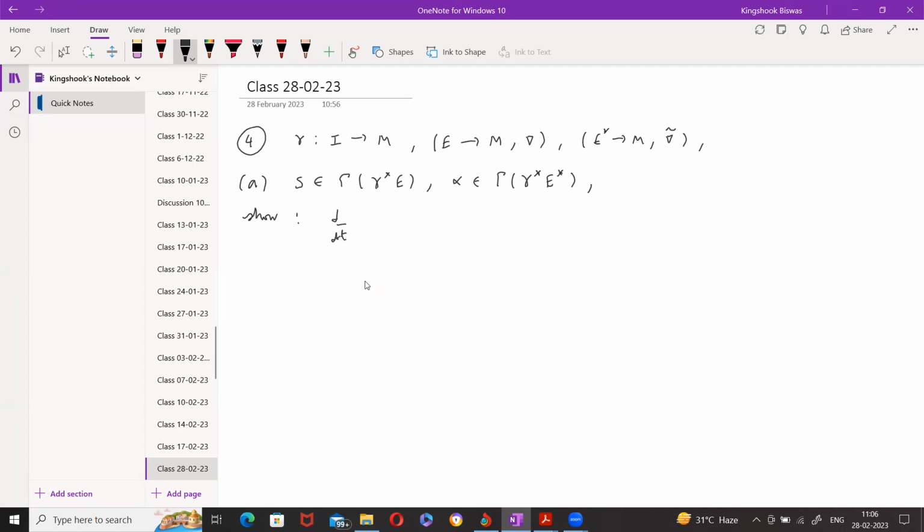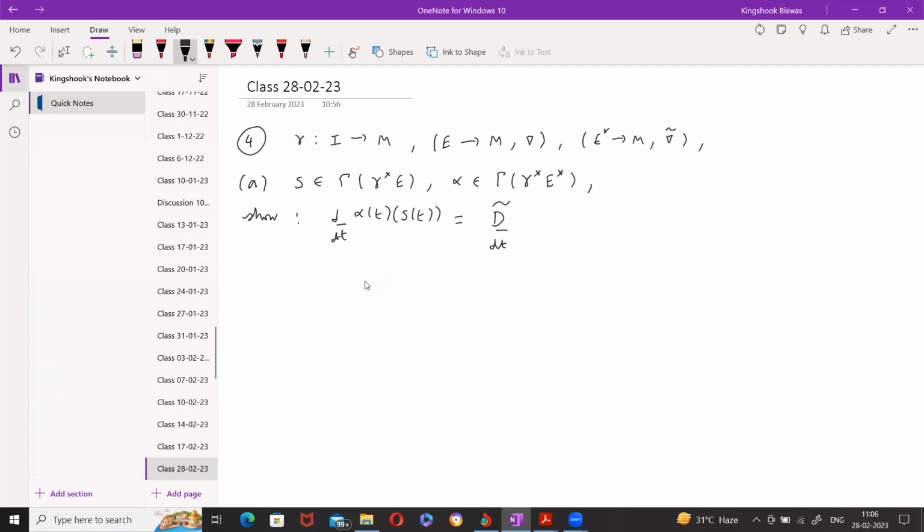If I look at any time t, alpha of t is a linear functional on the fiber at gamma t of E. So that can act on S of t, which is an element of the fiber E at gamma t. So this gives you a function of t. The derivative of this function you're supposed to show is given by the covariant derivative along gamma for E star.